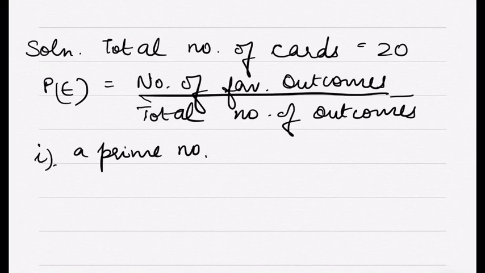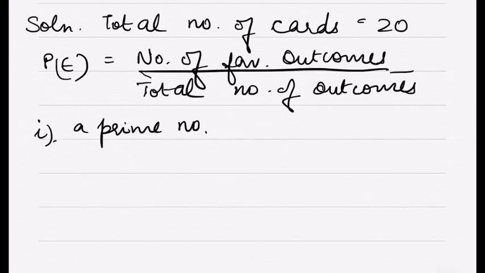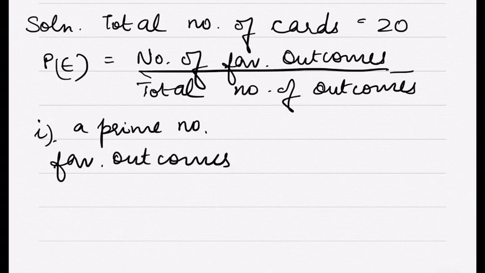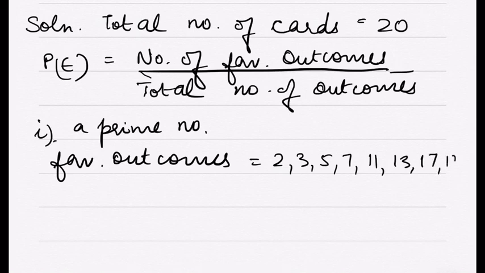Okay, so now let's see. Again I would say that 1 is not prime nor composite, so we'll just move to prime numbers. So what are the prime numbers? We have favorable outcomes as 2 is prime, then 3, then 5, then 7, 9 is not, then 11, then 13, 15 is not, then 17, 18 is not, 19.